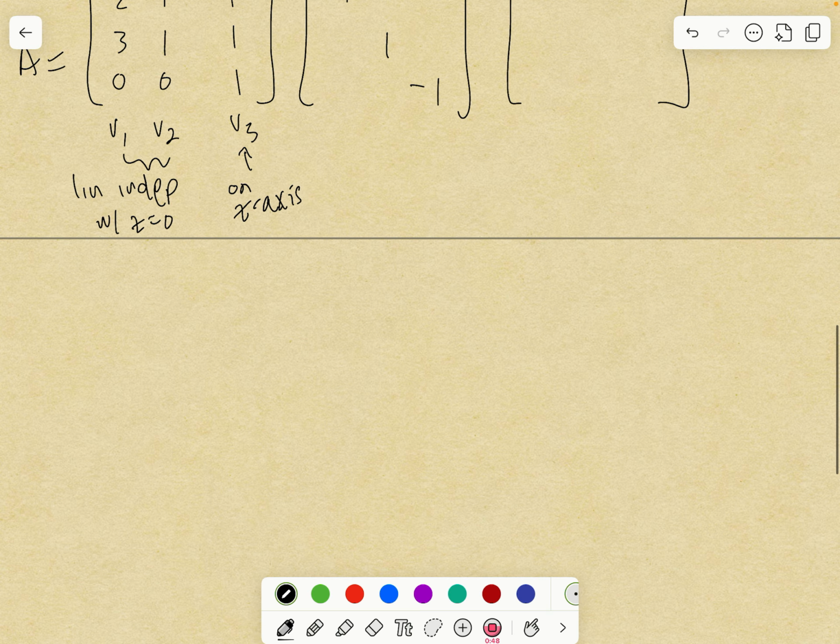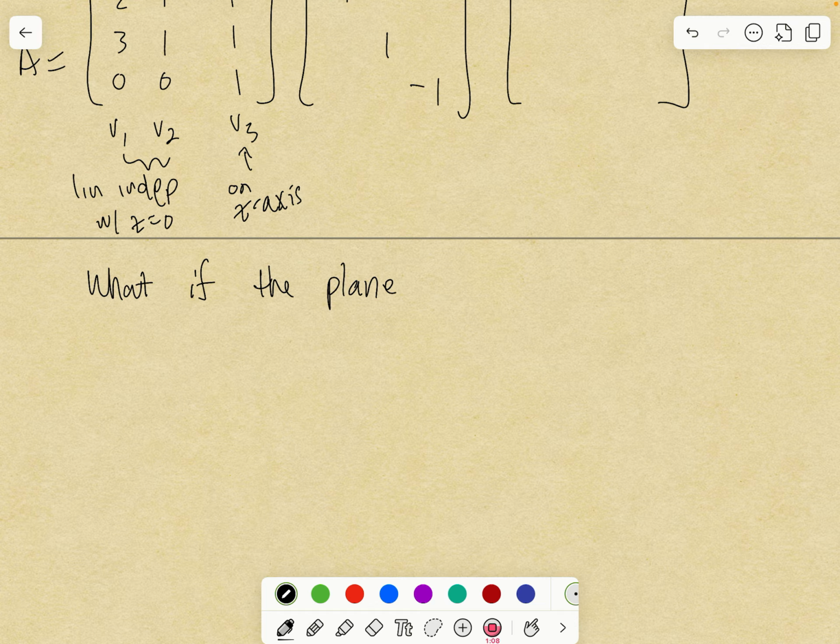Now, this is leading up to the example that I really want to do. We're done with the previous example, but what if the plane is not on the coordinate axes, like it's not x equals 0, y equals 0, z equals 0?